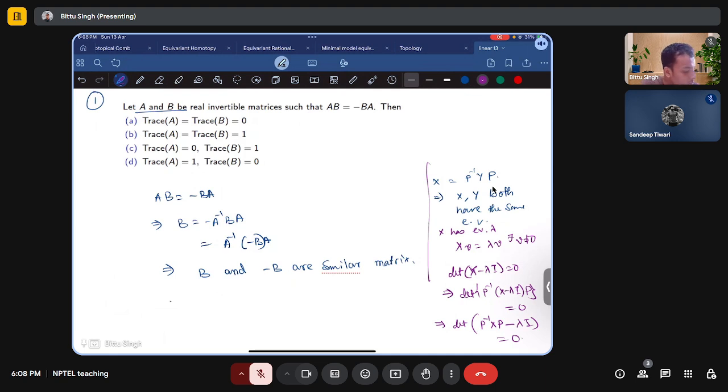So B and minus B are similar. From here, we can conclude that B and minus B have the same eigenvalues. Suppose B has the eigenvalues lambda 1 up to lambda n.